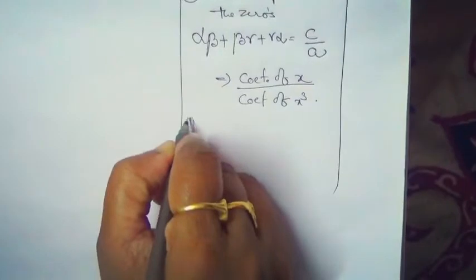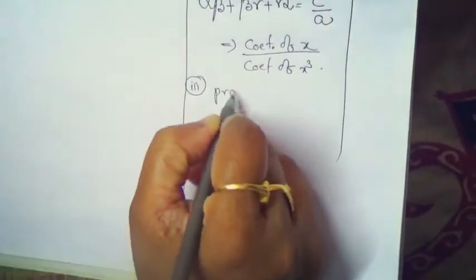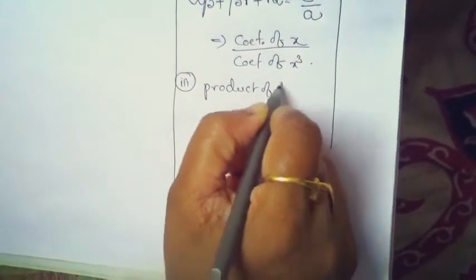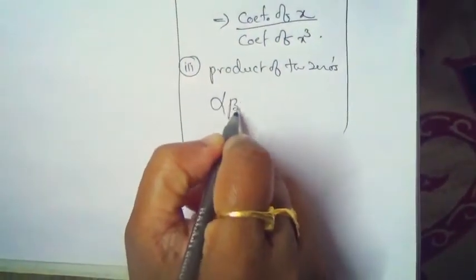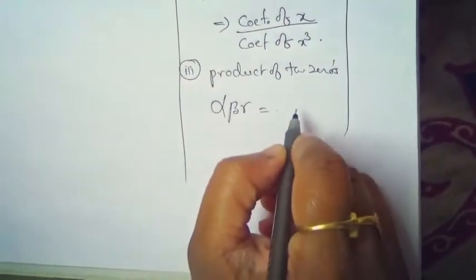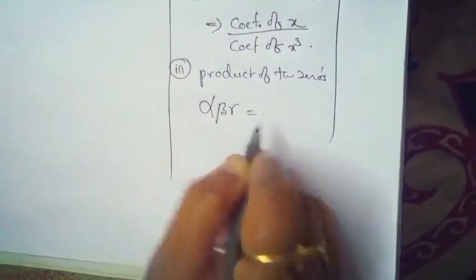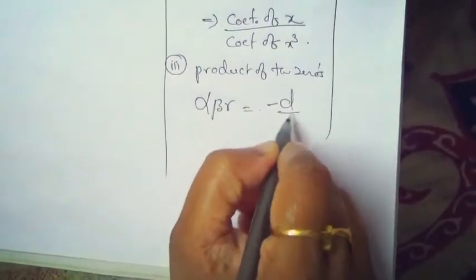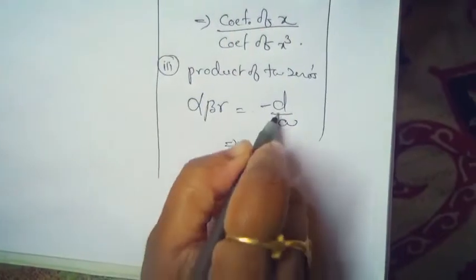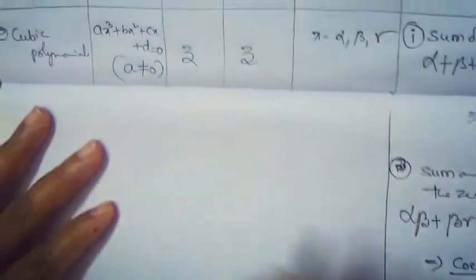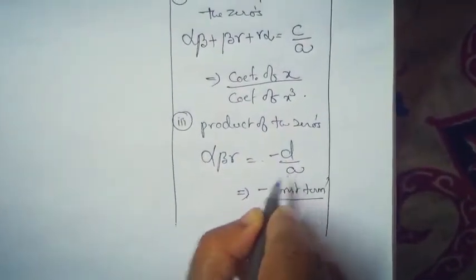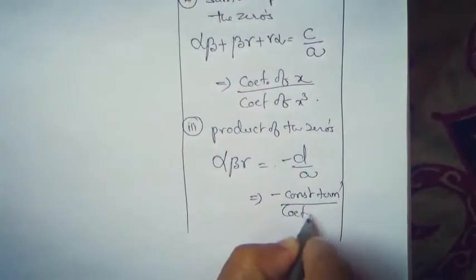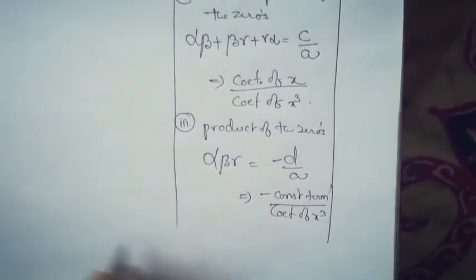The third relationship is the product of the zeros. So alpha beta gamma, that is alpha into beta into gamma, is equal to minus d by a, that is minus the constant term by the coefficient of x cube.